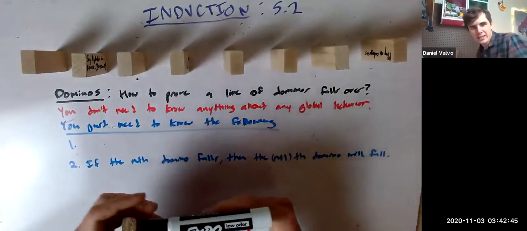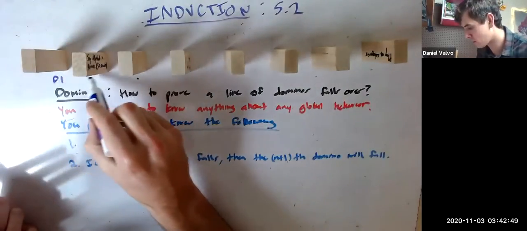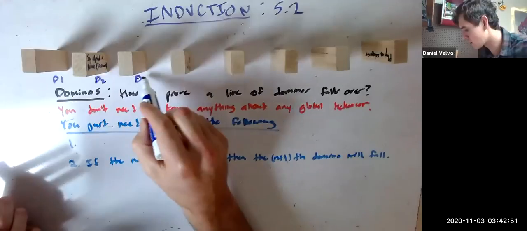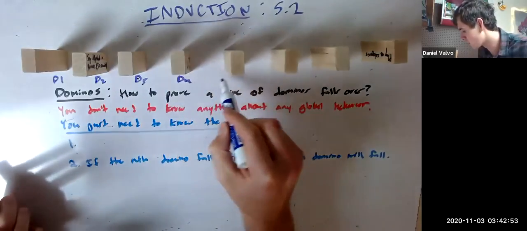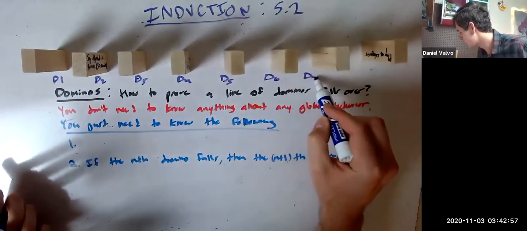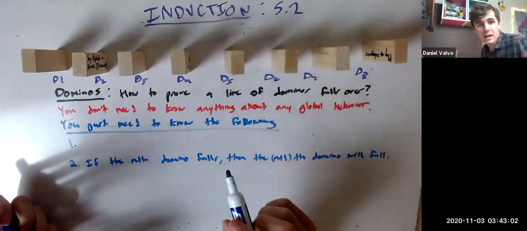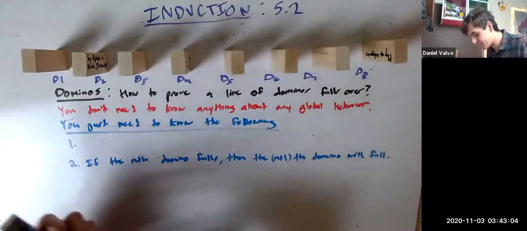So that is the links in your chain, right? So if we call this the first domino D1, this is D2, D3, D4, D5, D6, D7, D8.